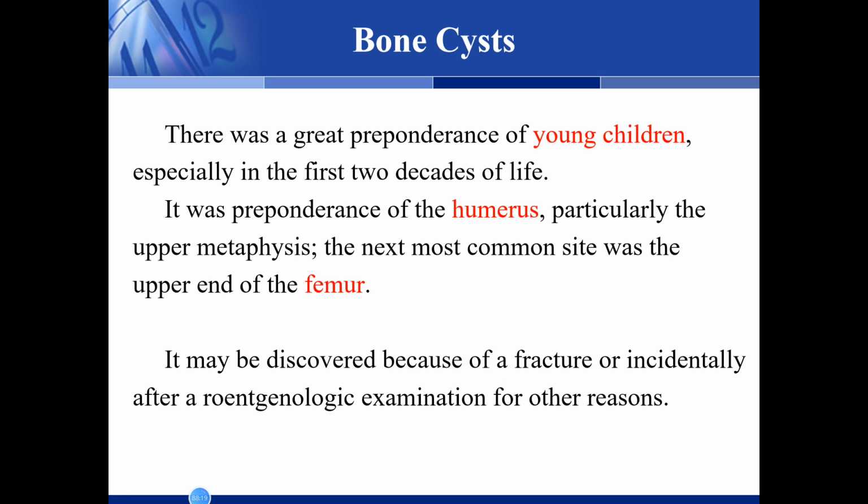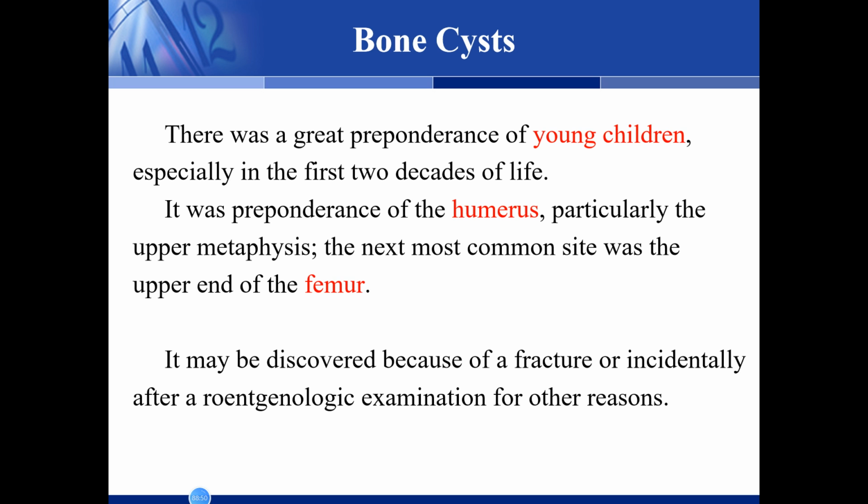For bone cyst, there was a great preponderance of young children, especially in the first 2 decades of life. It was a preponderance of the humerus, particularly the upper metaphysis. The next most common site was the upper end of the femur.